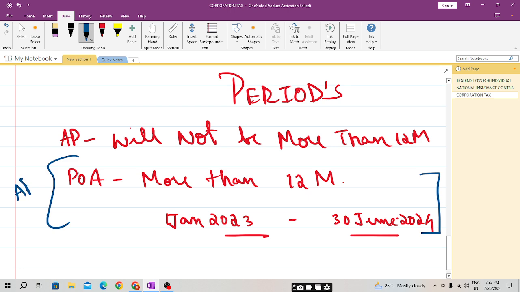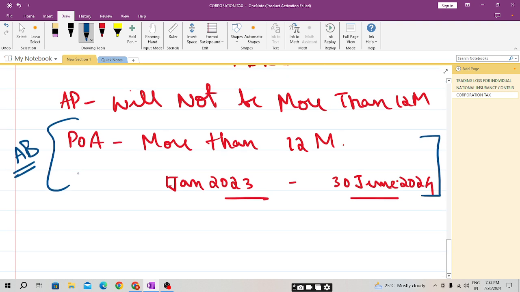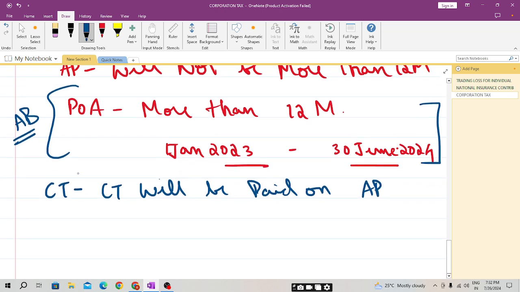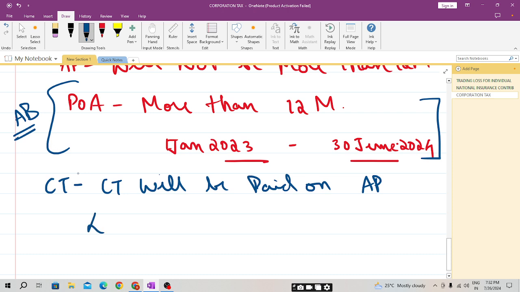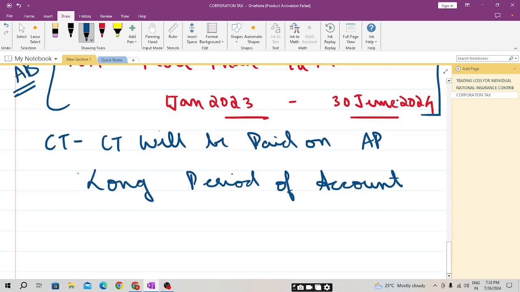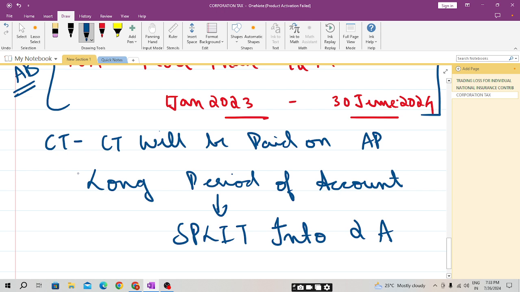Accounting books are prepared. But now students, for corporation tax, we have seen that the corporation tax will be paid on accounting period. So if we have a long period of accounts, the long period of accounts will be split into two accounting periods.